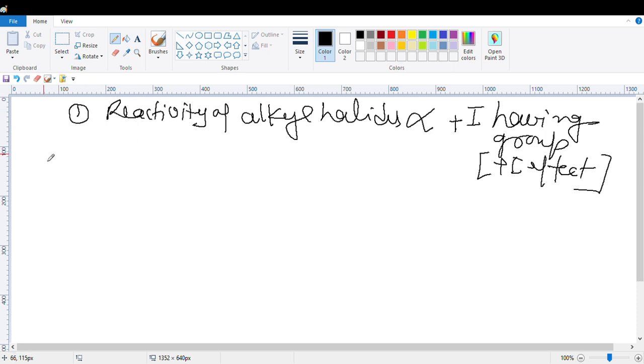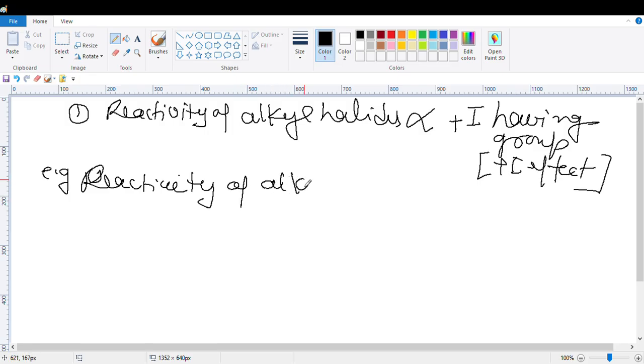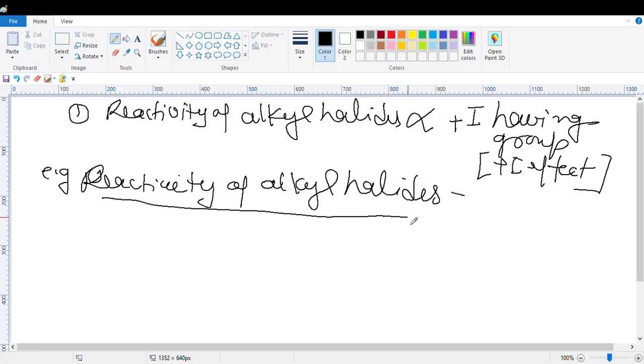So for this we are taking an example, reactivity of alkyl halides, definitely towards nucleophilic substitution reaction, that we will study later on.